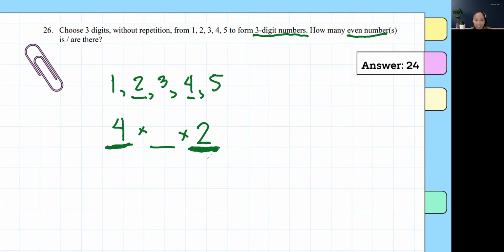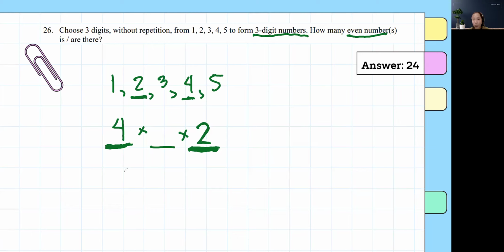Okay, let's continue. We have here two even numbers, right? Two digits that are even. So we have 2 right here. We can only use one digit here for the ones digit, one at a time. So we have other four numbers available to use here.